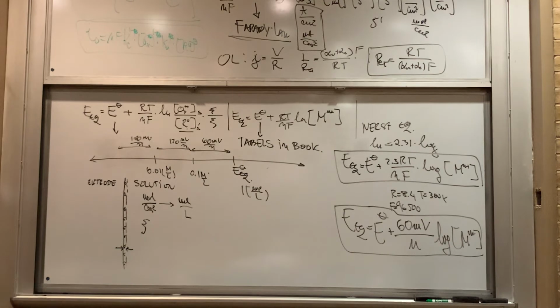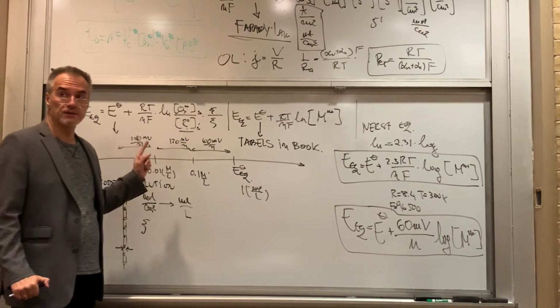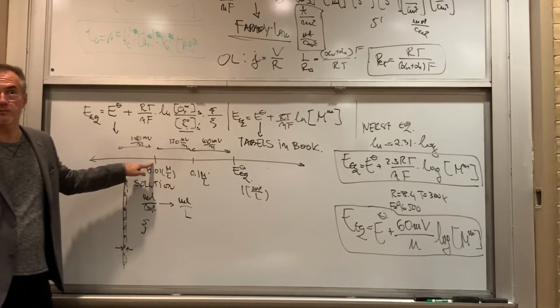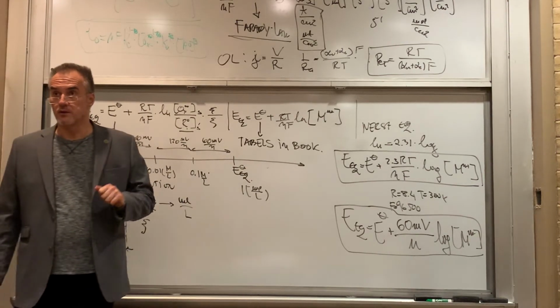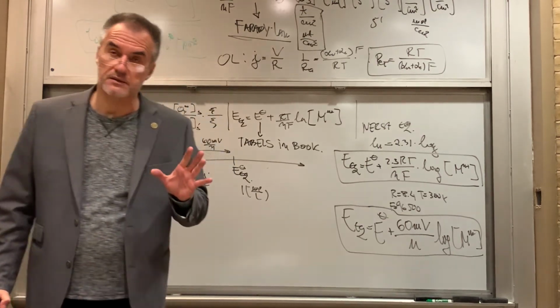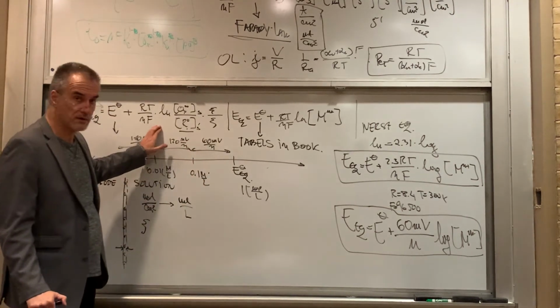So if I have an electrode in a solution with 1 molar concentration of ions, the reversible potential is, let's say we talk about silver, one electron, about 180 millivolts more positive than a silver electrode in a solution with 10 to the minus 3 molar concentration. That is very important, and I'm going to come back to this form once again.